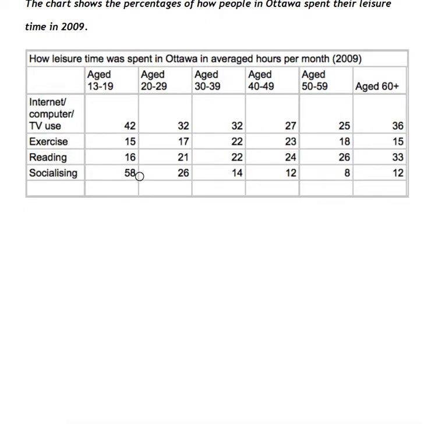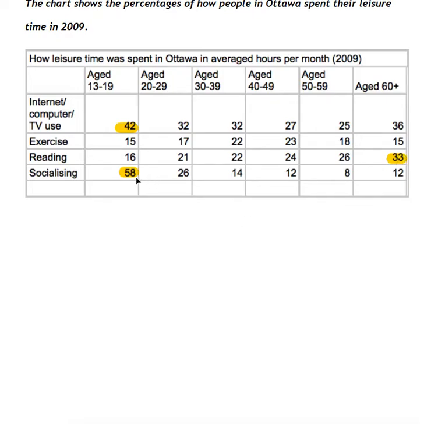And I would talk about, for example, probably socializing first because it's the highest. And then I would probably mention internet, computer, TV, because it's also the highest. And also this group is both. And then I'd probably also mention reading.